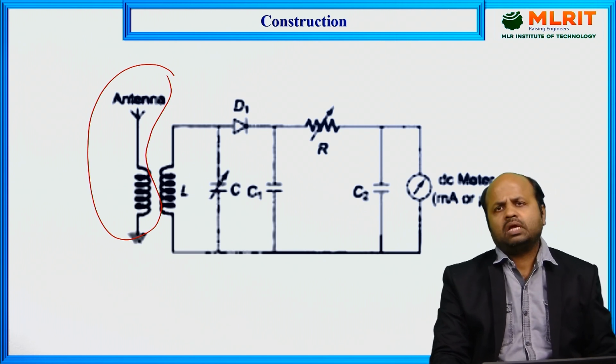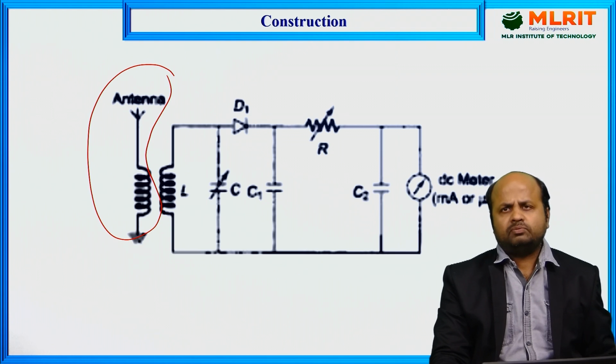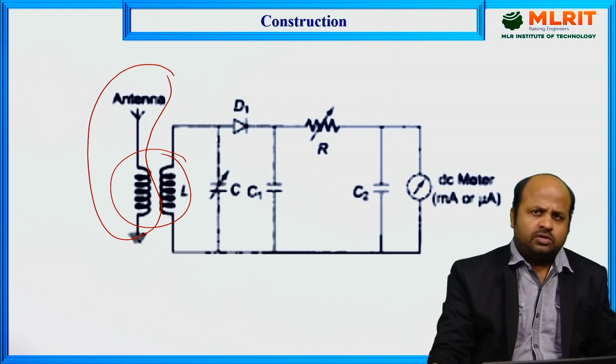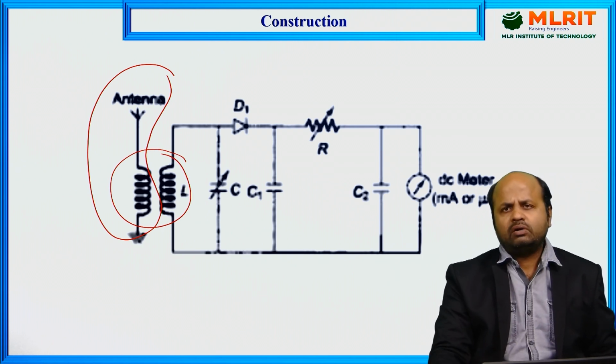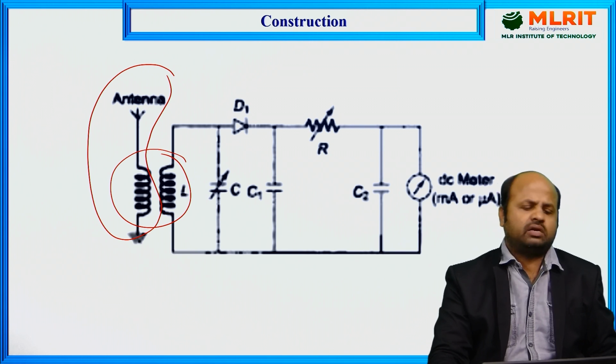As we know, in our atmosphere or surroundings there are multiple RF signals or electromagnetic waves of various frequencies. So with the help of a tuner circuit, we will select a particular frequency electromagnetic wave.